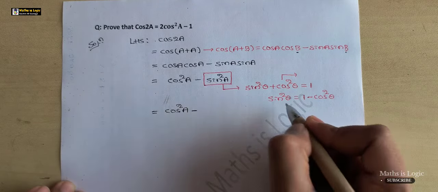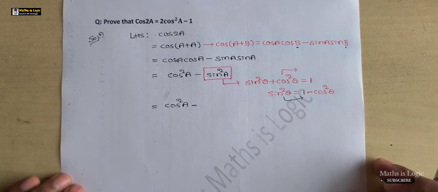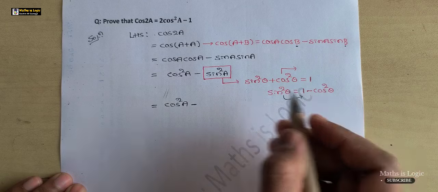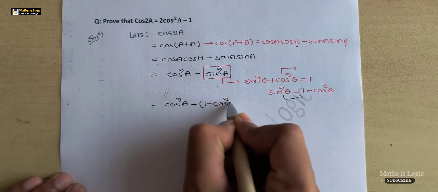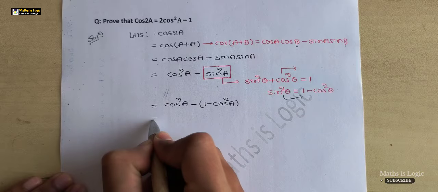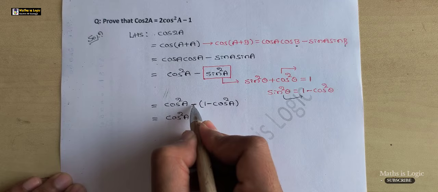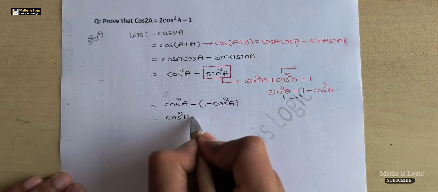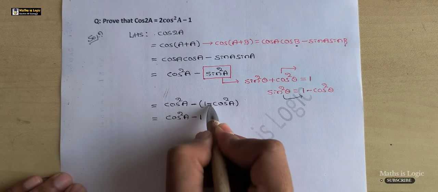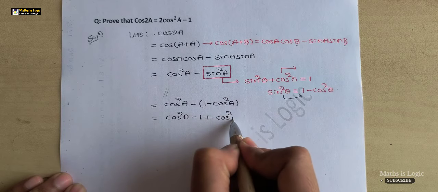Next sin square a, we know sin square a is nothing but 1 minus cos square a. So in bracket write 1 minus cos square a, open the bracket. Therefore it is cos square a, bring this negative sign inside the bracket, minus into plus is minus 1, minus into minus is plus, again cos square a.